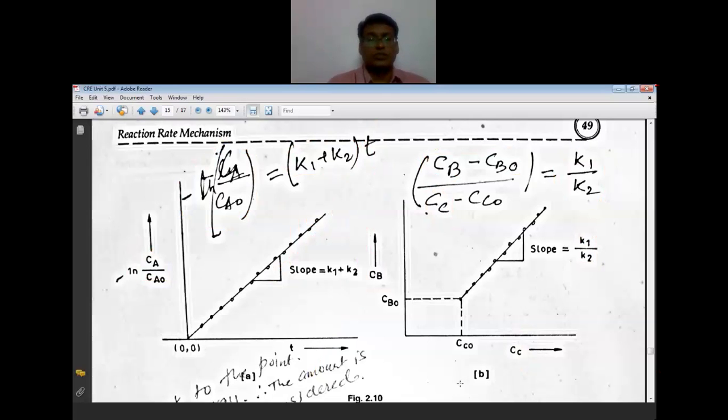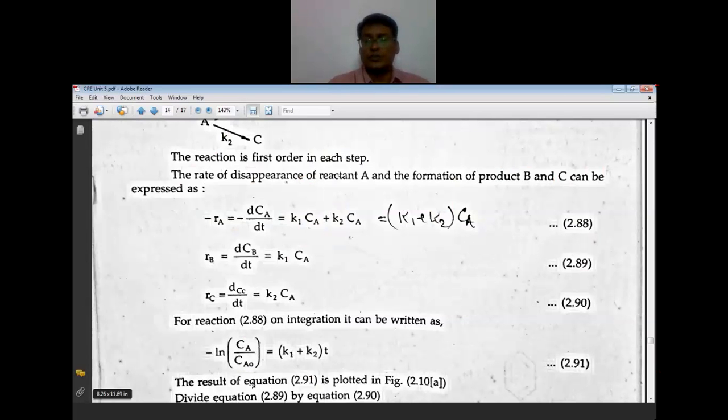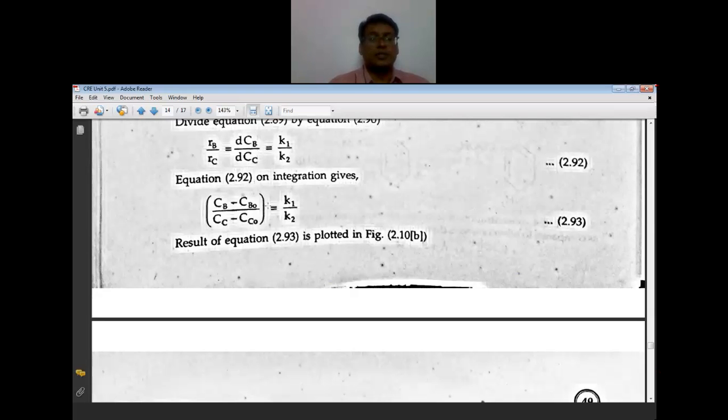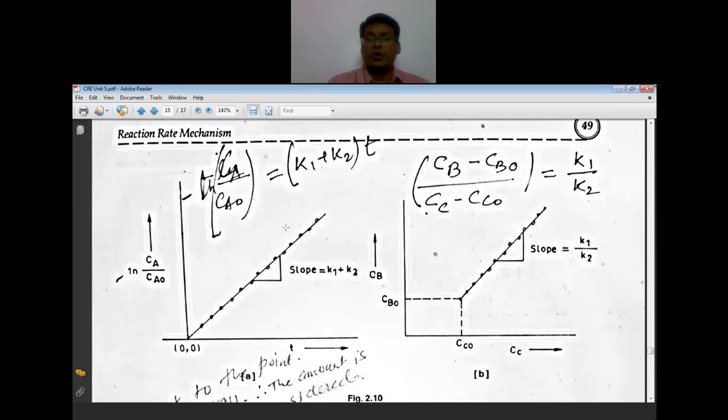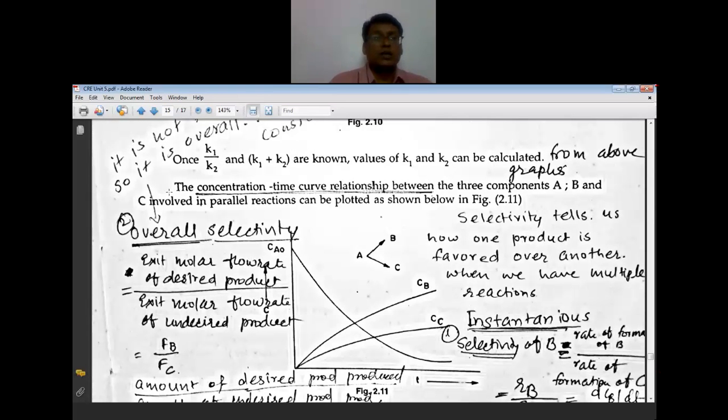So these are the two equations we have plotted: minus ln CA upon CA0 equal to K1 plus K2 times T, and CB minus CB0 upon CC minus CC0 with slope K1 upon K2. From these two slopes, you can calculate the values of K1 and K2. Once K1 plus K2 and K1 upon K2 are known, the values of K1 and K2 can be calculated from the above graphs, right?